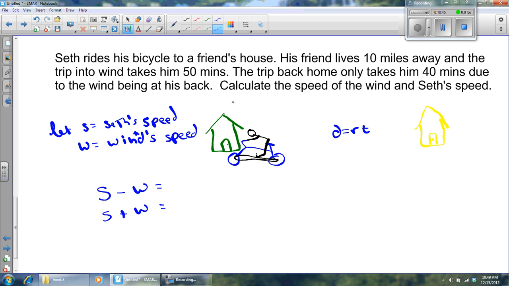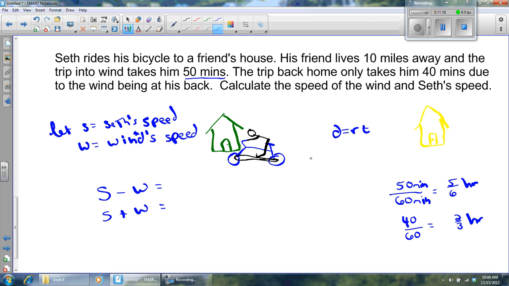But you do have to be careful because we usually do things in miles per hour, not in miles per minute. And so before I use my D equals RT off to the side here, I'm going to say 50 minutes out of 60 minutes would be 5/6 of an hour, right? And then 40 minutes of the 60 minutes would be the same as 2/3 of an hour, okay?